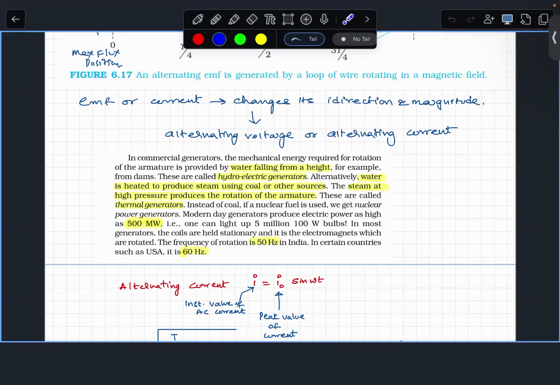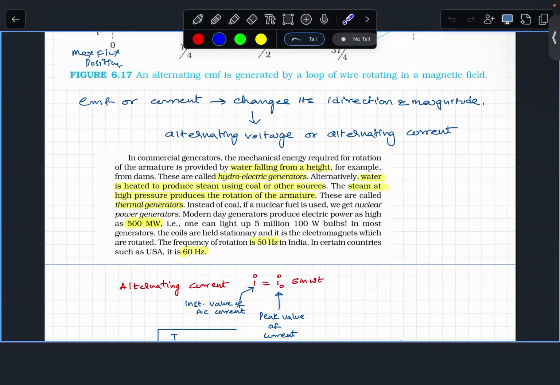It is channelized, and whatever EMF is generated, it is maintained at a constant frequency of 50 Hz and a constant voltage. It is regulated, and that is passed through the current lines to the substation.